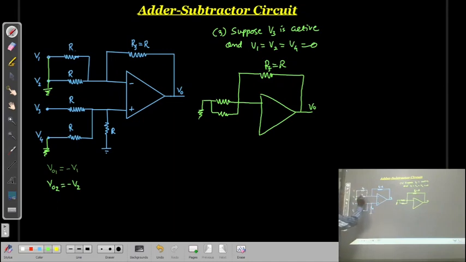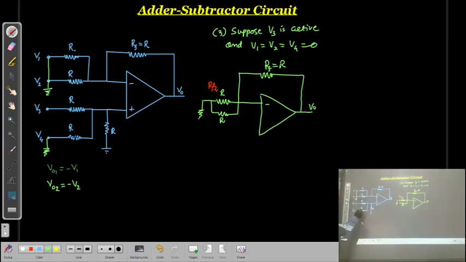So this resistance R and this resistance R, both are in parallel. Correct? Or you can say the effective resistance of this will be R by 2.